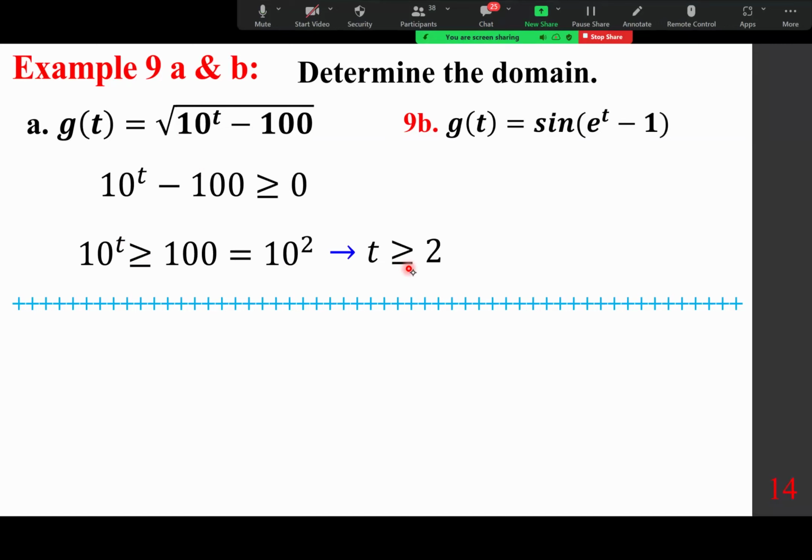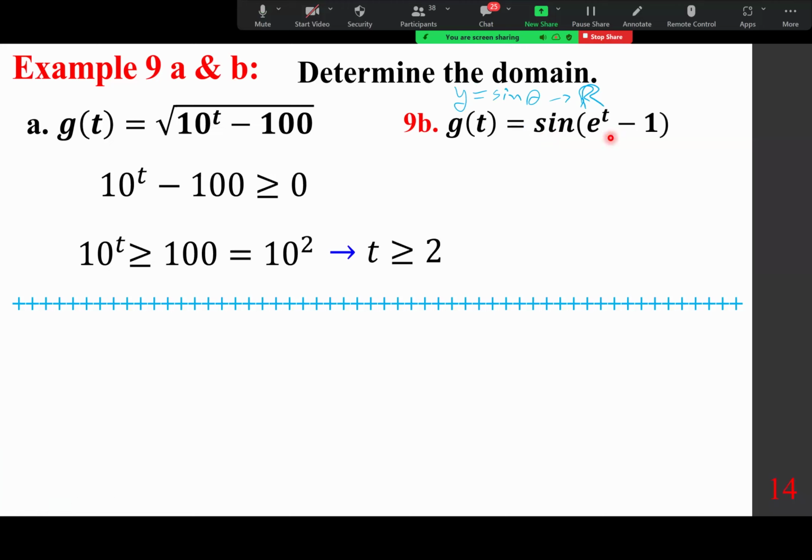As you know, in this case, part B, as you know, for sine of theta, the domain is all real numbers. The domain is all real numbers.